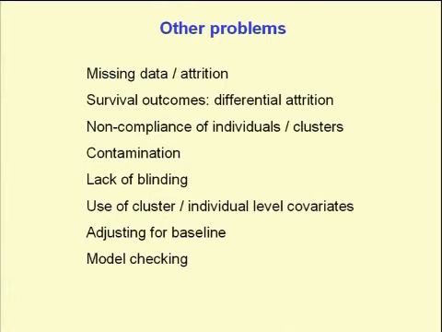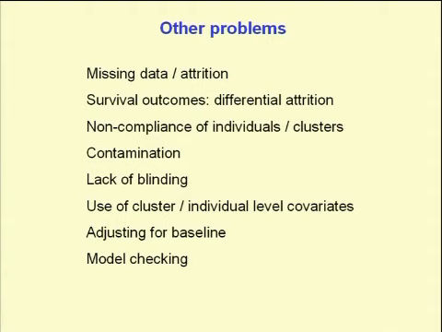Non-compliance we've heard mention of, and I think it'd be an interesting project for somebody to try and adapt the randomization-based non-compliance methods, which you use for individually randomized trials, to the context of this kind of stepped-wedge design. That's a very interesting PhD project. Contamination, lack of blinding, these are typical problems which you might be worried about in these sorts of designs.